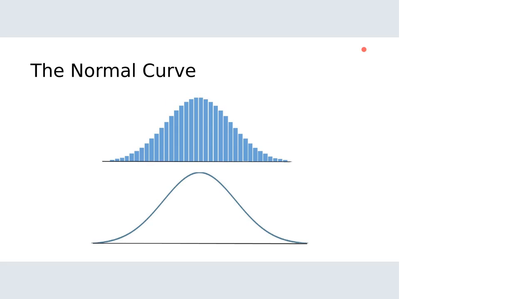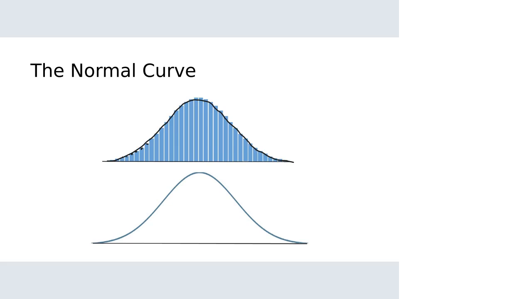So we have a data set that takes on this shape when we graph it. And then instead of looking at all those individual bars, I'm going to put a point at the top of each of those bars and connect the dots. Instead of looking at the individual bars, I'm going to look at that shape.